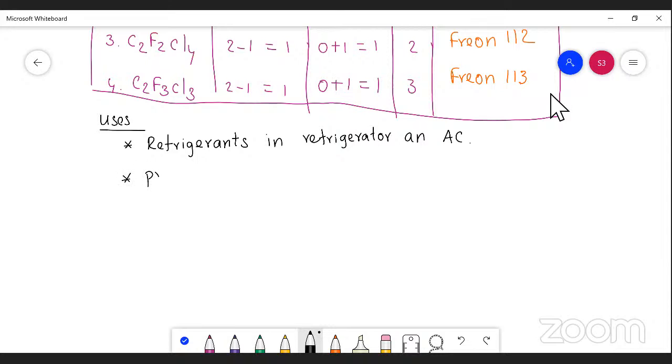And it is used as a propellant for aerosols. So it is used as a propellant in aerosols, deodorants and shaving creams.